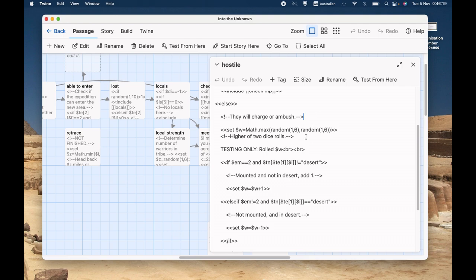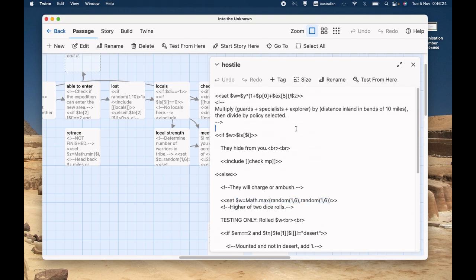So how does that work? Well, we rolled. In the example, we would have got that number would have been 1. This number would have been 13, and then we would have divided 13 by 3, and that would have got us a little bit over 4. And of course, there were much more than 4 warriors, so we weren't anywhere close to having them hide from us.